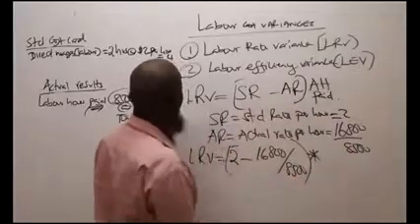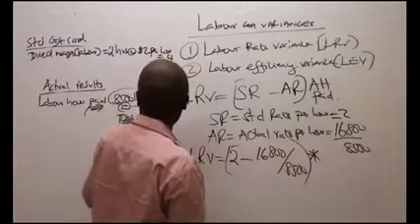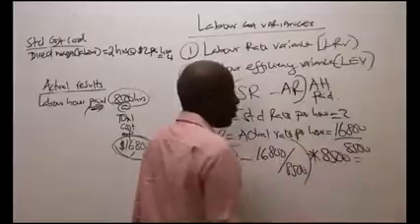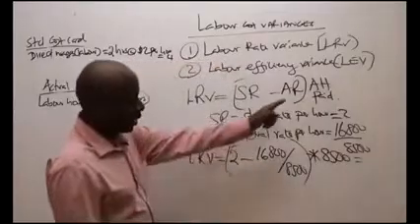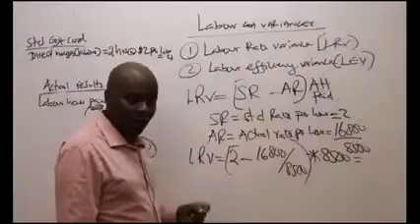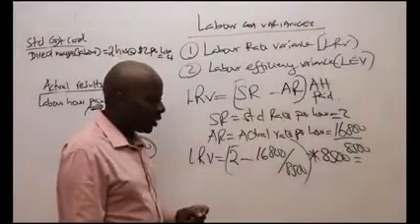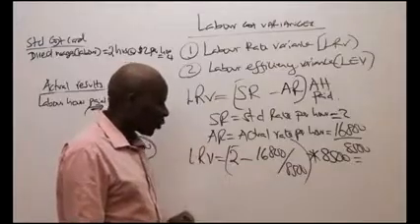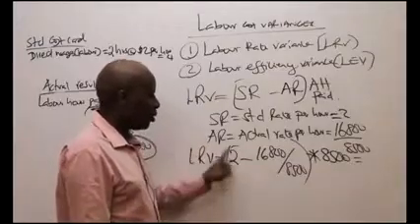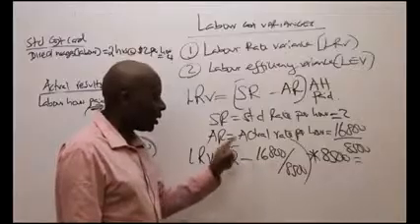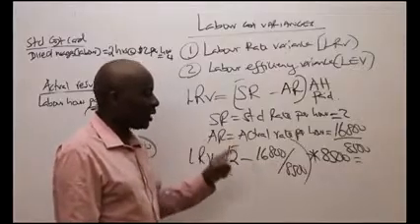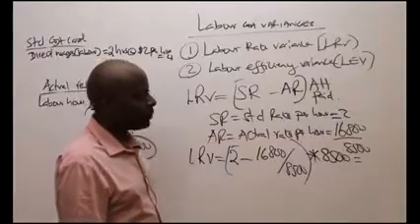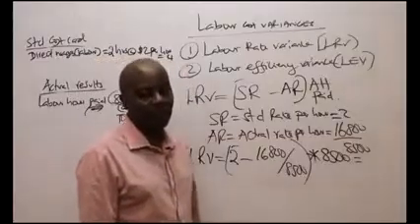The actual hours that were paid were 8,500. So please take a step of faith, take out your calculator, open brackets, 2 minus this divided by that, close, times 8,500, please give us a figure. We put it down here.